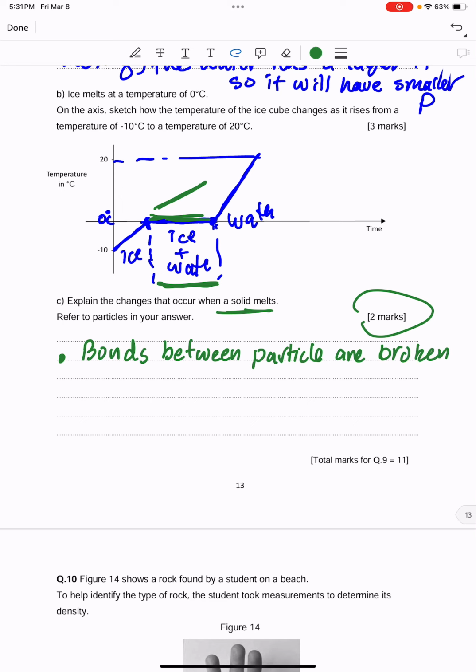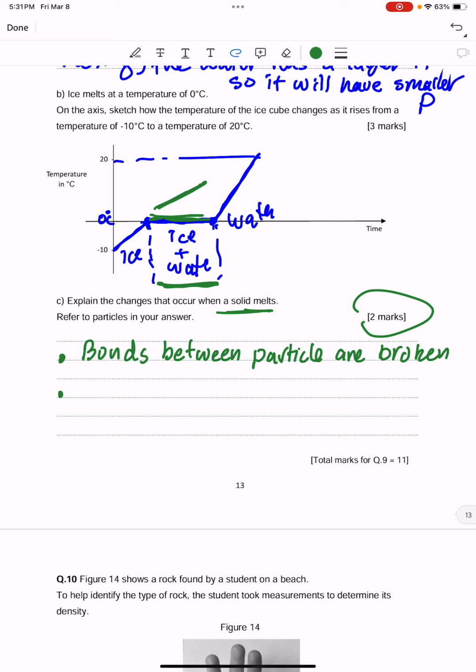You can say broken, or you can say weakened, or you can use both. This is number 1. All the energy is going to be working on breaking the bonds between the particles instead of rising the temperature, because now we're going through a change of state.